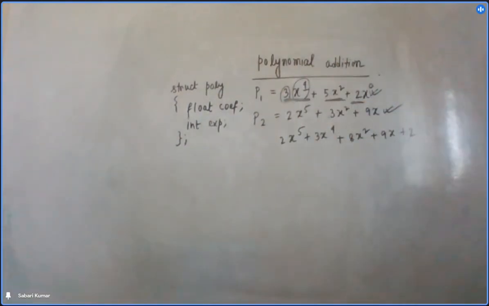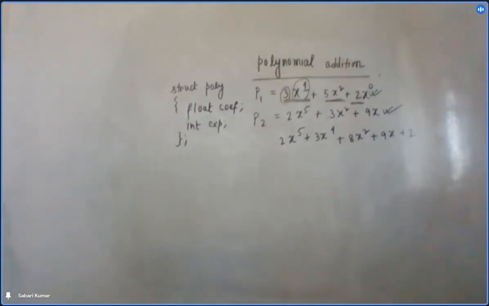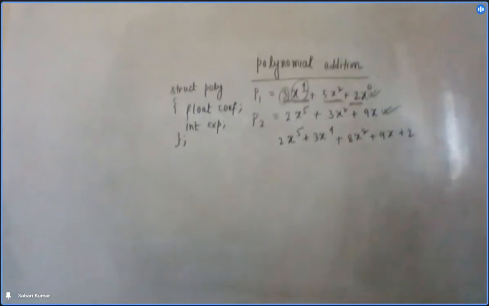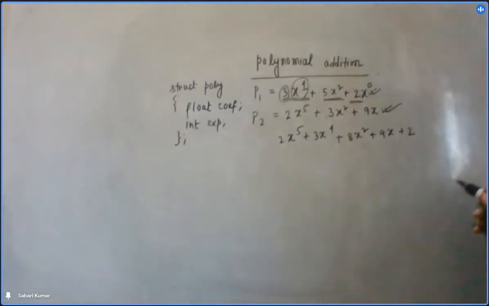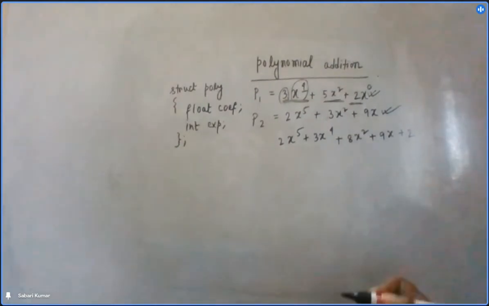Multiple same type of structures are there, so you need the help of a structure type array. Now you can take the array dynamic or static, I am showing with static. So after taking this struct polynomial, what I am going to do, I am going to write the main function.